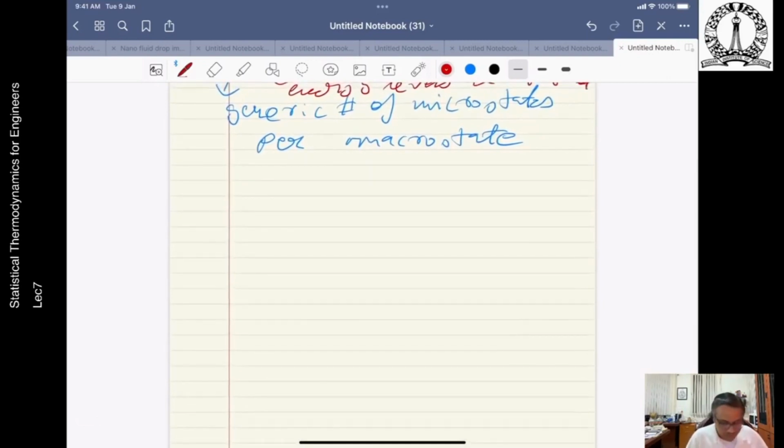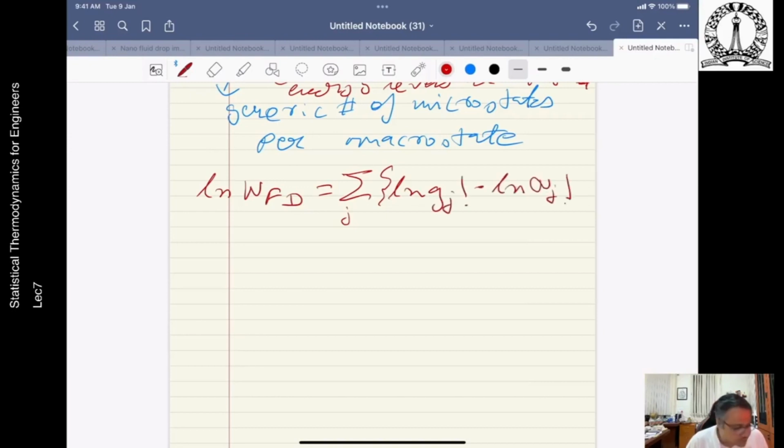Okay? So now, if we take the log of W, once again it's the sum over j of ln Gj factorial minus ln Nj factorial minus ln (Gj minus Nj) factorial. So this is what it is.